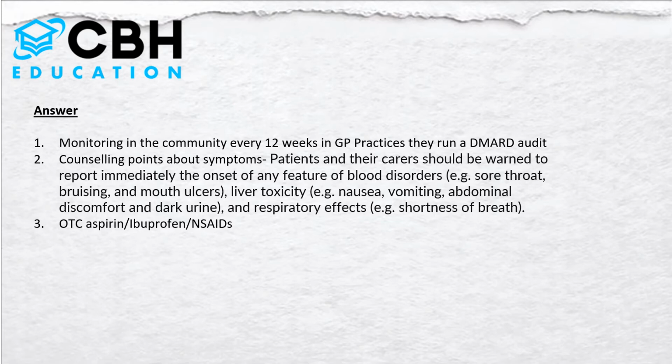Next, we talk about the counselling points from the BNF. Obviously, we talk about things such as blood disorders, sore throat, bruising, mouth ulcers, liver toxicity, nausea, vomiting, abdominal discomfort, and dark urine, respiratory effects, shortness of breath. Because of the way that methotrexate works, there is an interaction with NSAIDs.